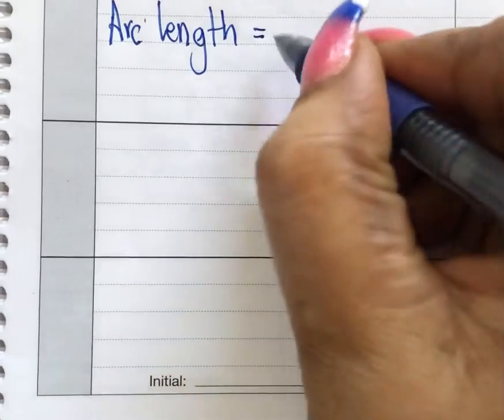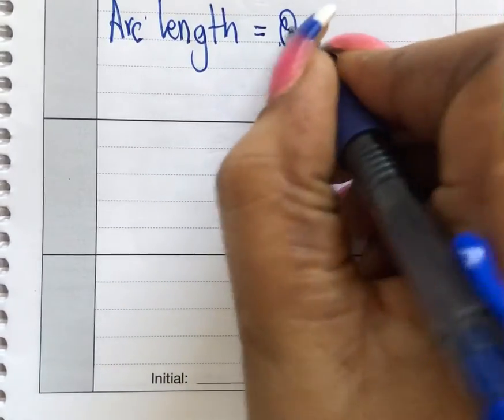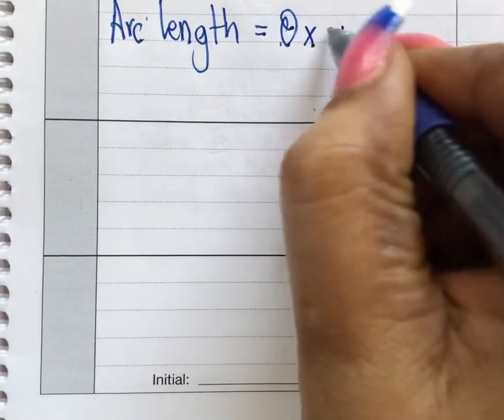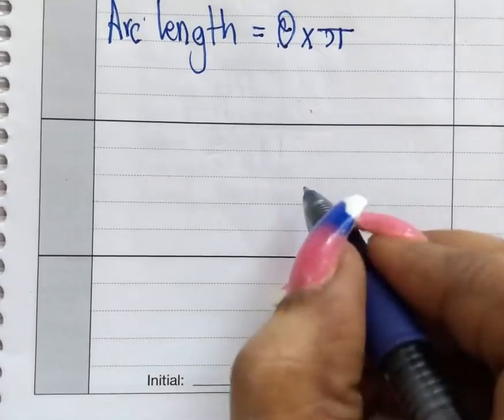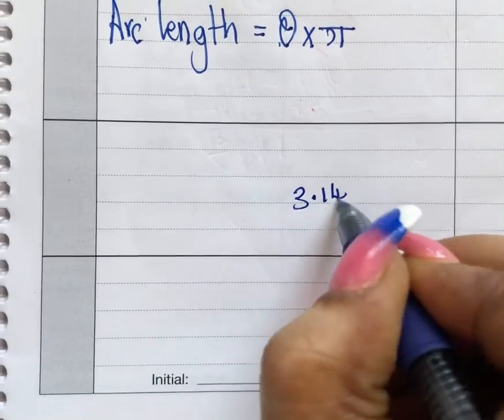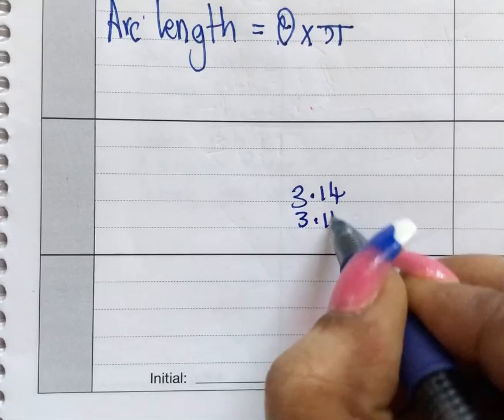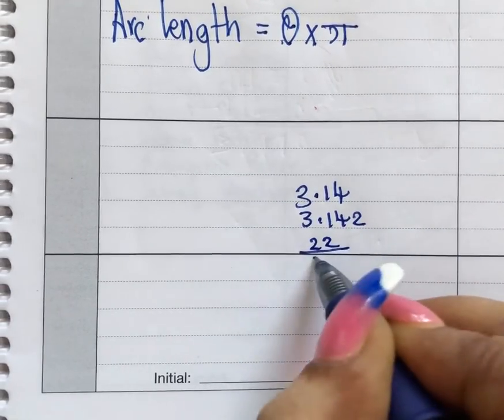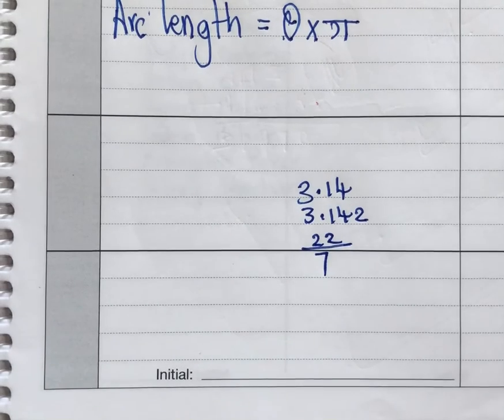Arc length is equal to theta. This will be the given angle. We multiply it by pi. Pi is either being represented as 3.14, 3.142, or 22/7.